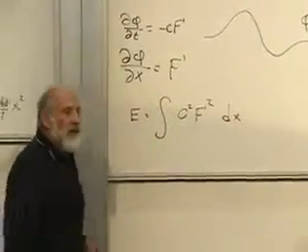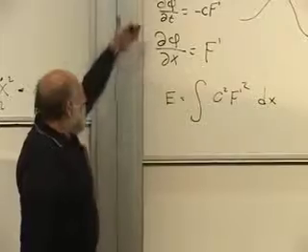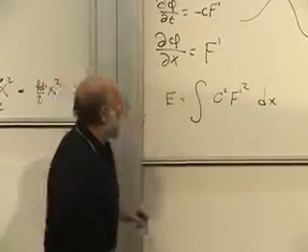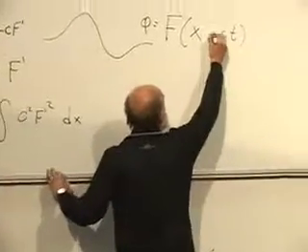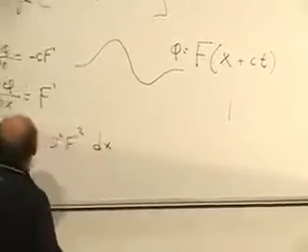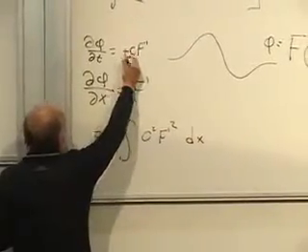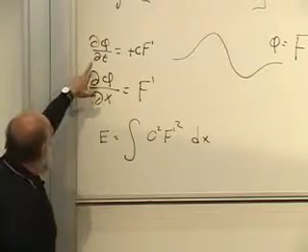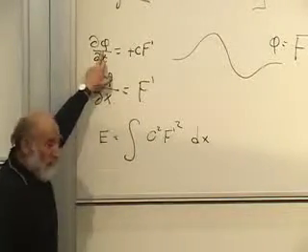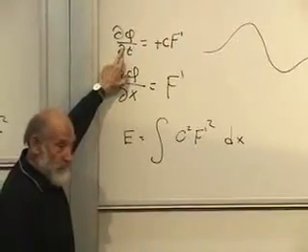What about a wave moving to the left? Well, here's a wave moving to the left. I would change the sign here, but it would not change the sign of the square of d phi by dt squared.